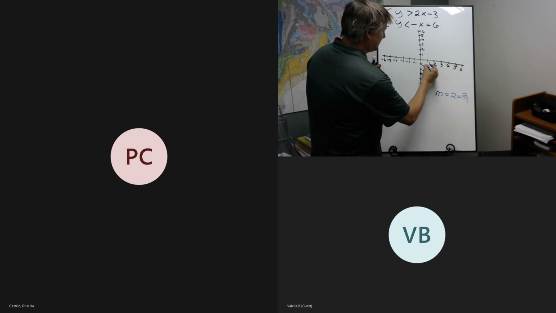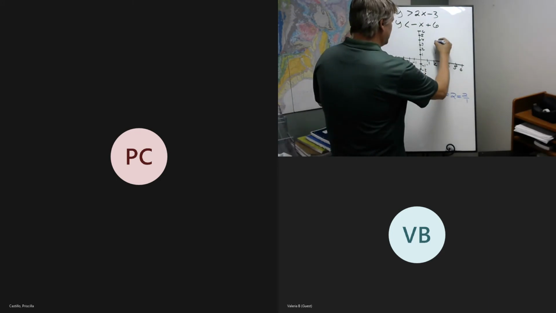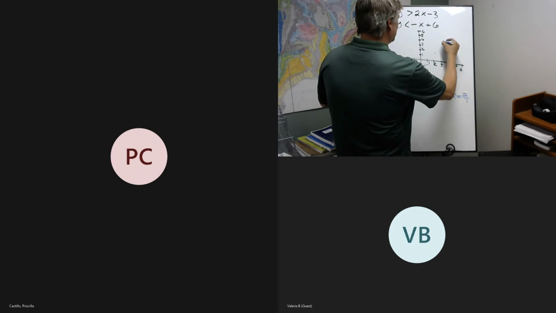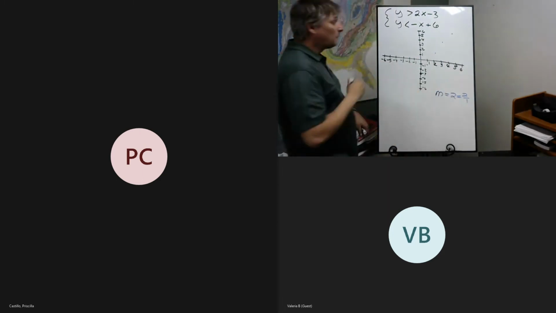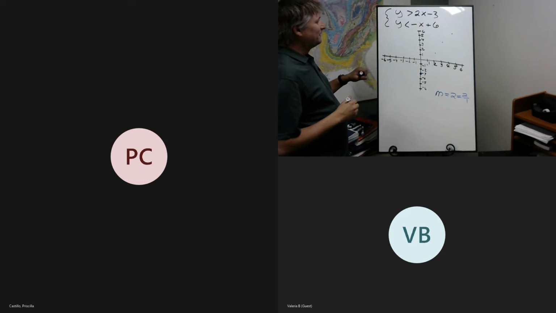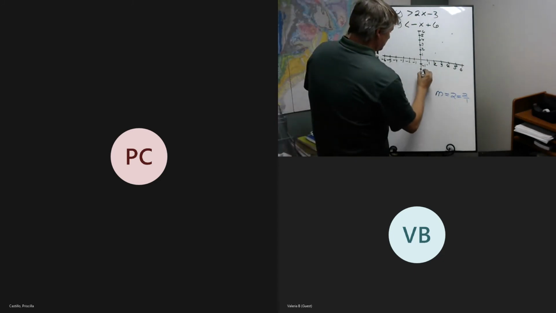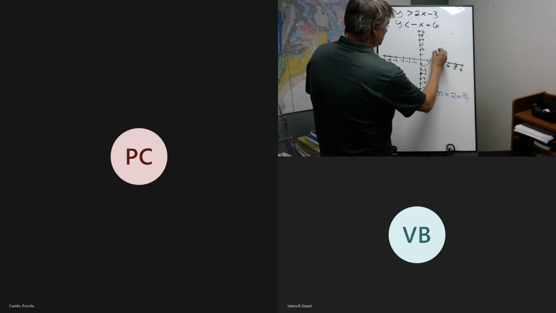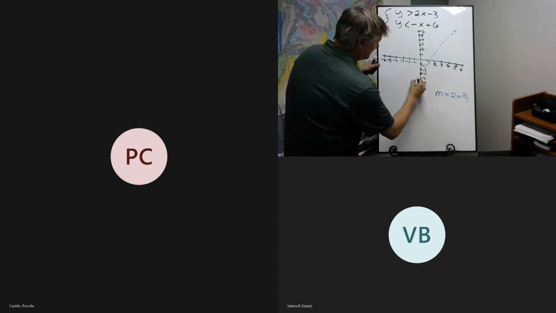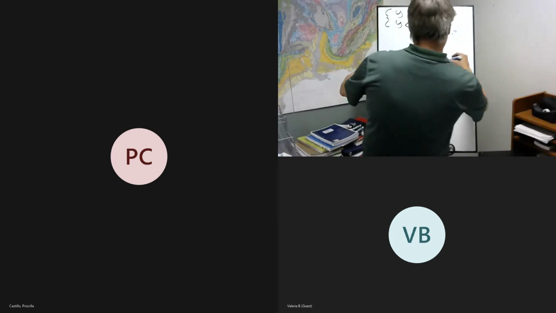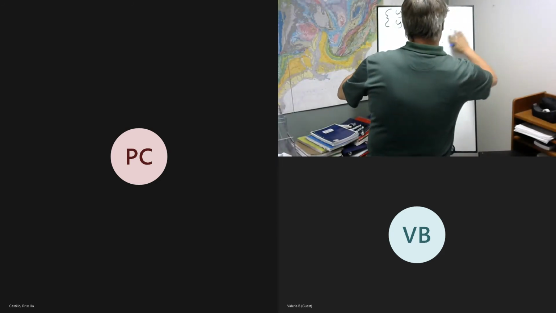Rise 2, run 1, rise 2, run 1, rise 2, run 1. And because we don't have an equal to, it's going to be a dotted line. A little more accurate.